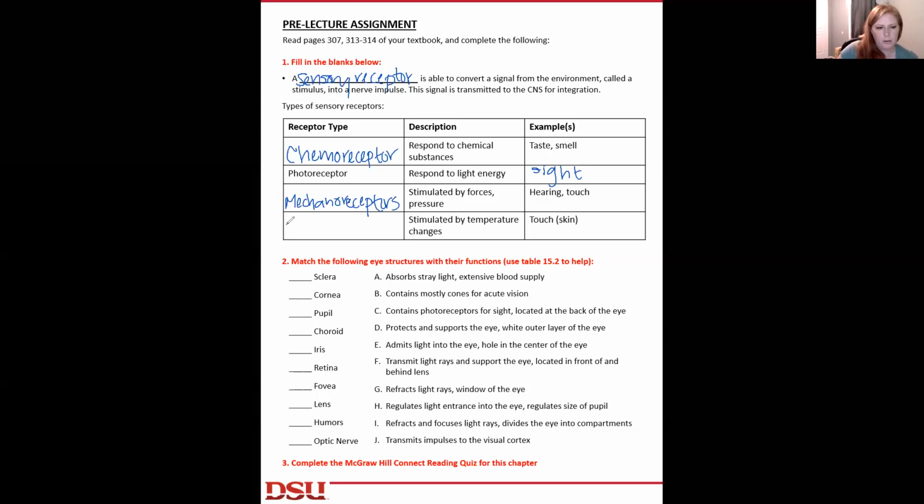And then finally we have thermoreceptors, which are stimulated by temperature change, also something we notice in touch, our skin.